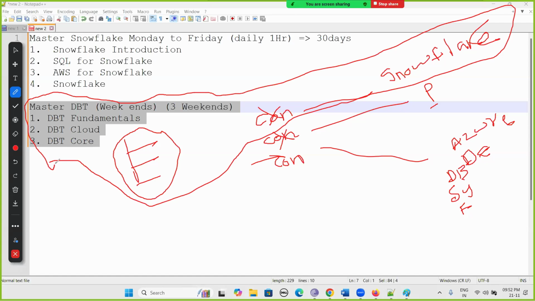Okay, that is good, but do I need to know Snowflake? Minimum knowledge is required. SQL knowledge is more than enough to learn this DBT with Snowflake. If you really want only DBT, you can join the weekends batch.